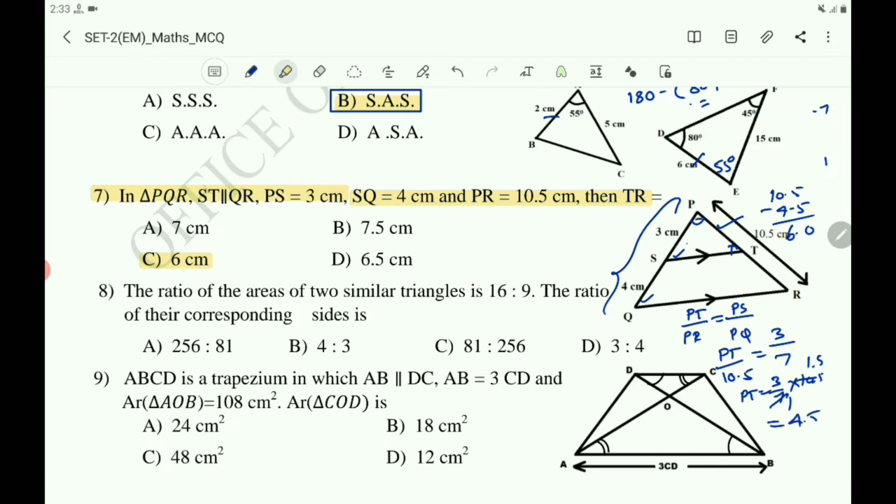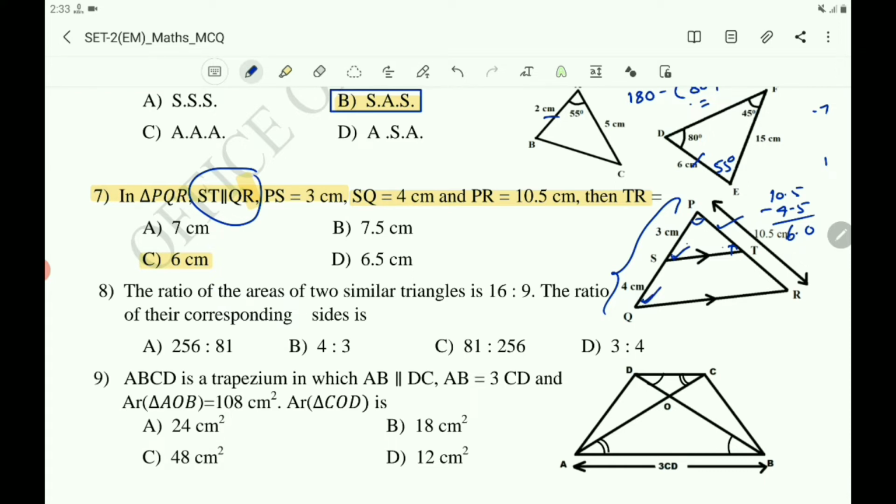Here you must think about the similarity of triangles, and sides of similar triangles are in the same proportion. Here it is given that ST is parallel to QR, and by using the corresponding angles being equal and the common angle, you can get that these two triangles PQR and PST are similar.